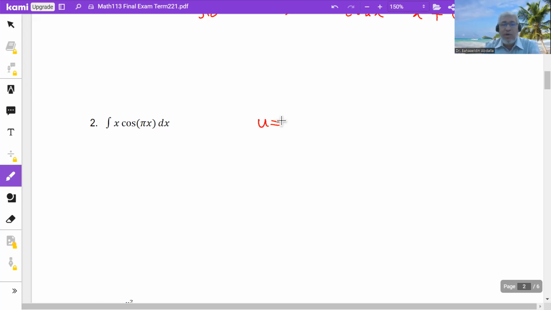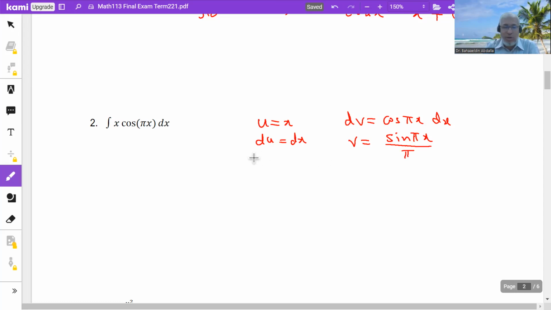So I take u as x, du would be dx, and I take dv equals cosine pi x dx. And then I find v, the integral of dv. The integral of cosine is sine, because the derivative of sine is cosine. But I have pi x inside, so I need to divide by the derivative of pi x, which is pi.